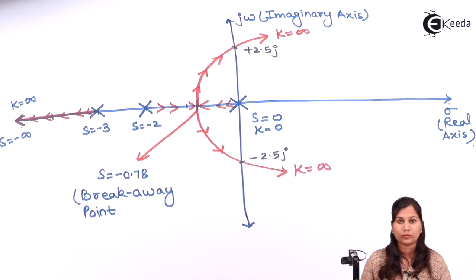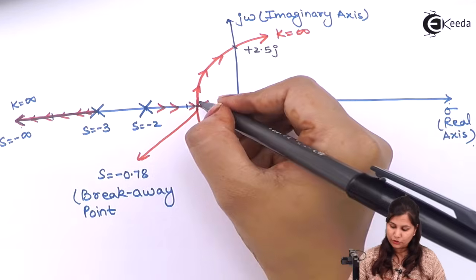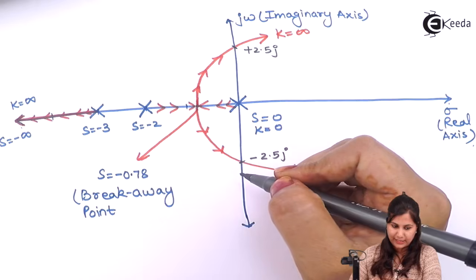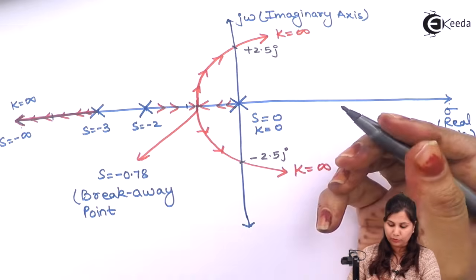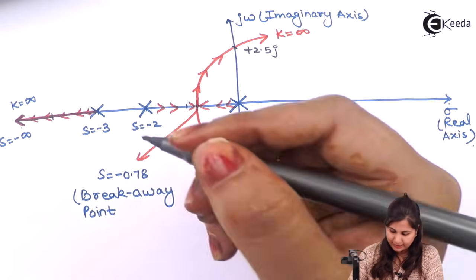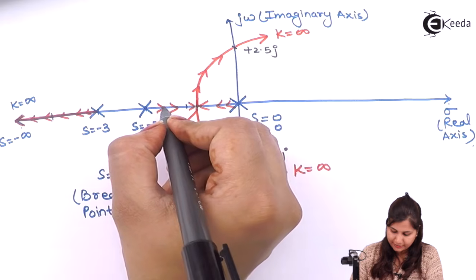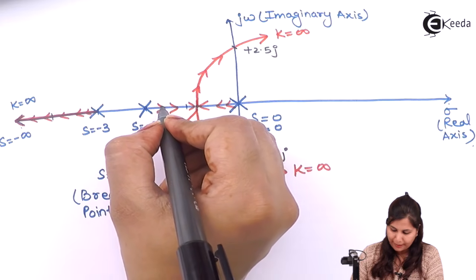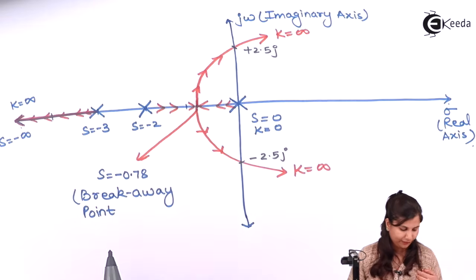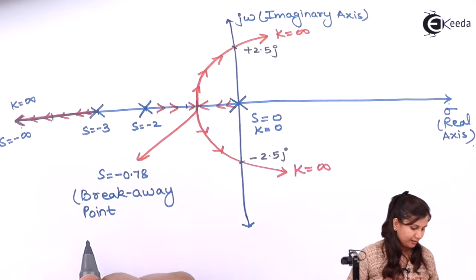Okay. Now on these two root locus branches we are having the asymptotes. Okay, and these asymptotes will intersect the real axis at a point minus 1.67, which we have obtained in our step.